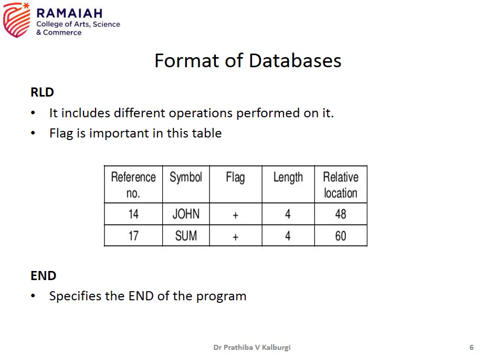The RLD card includes different operations that are to be performed, and the flag is important in this table. The relocation card, that is the RLD card, has the following information: the location of each constant that needs to be changed due to relocation, by what it has to be changed, and the operation that has to be performed.